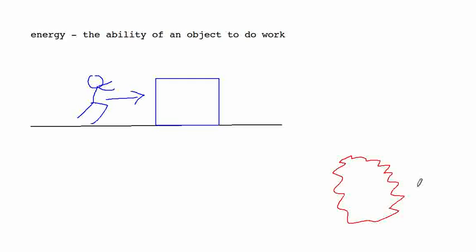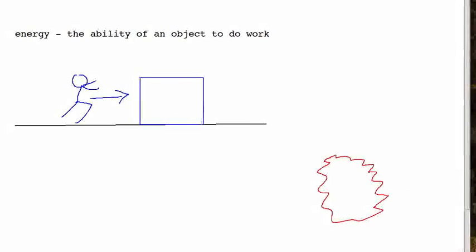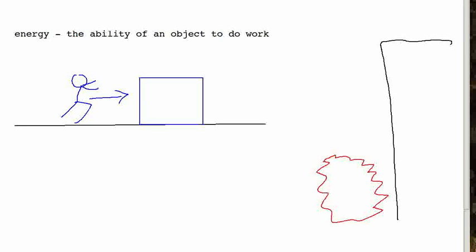On the other hand, what if I put that pile of trash right next to a cliff? And at the top of the cliff, I intentionally chose the cliff where there was a big boulder hanging right off the edge. All I have to do is tip that boulder, make the boulder fall off the edge, and gravity is going to speed up the boulder and it's going to smack into the trash and compress it, right?